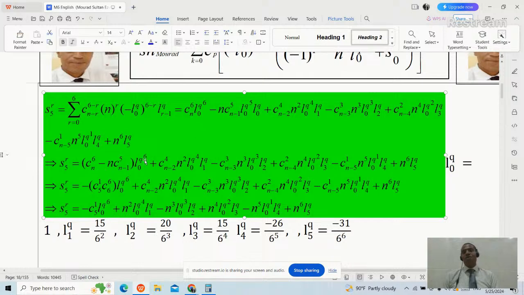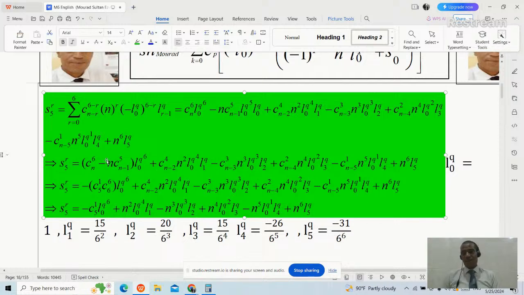I wrote L0 of ODQ raised to the power 6 between parentheses combination n choose 6 minus n combination n minus 1 choose 5, plus combination n minus 2 choose 4 and n squared and L0 for the cube and L1, minus combination n minus 3 choose 3 and n cubed and L0 for the cube cubed and L2 over the cube, plus combination n minus 4 choose 2 and n raised to the power 4 and L0 for the cube raised to the power 2, minus combination n minus 5 choose 1 and n raised to the power 5 and L0 for the cube raised to the power 1, of course multiplied by L4 of the cube plus n raised to the power 6 times L5 of the cube.